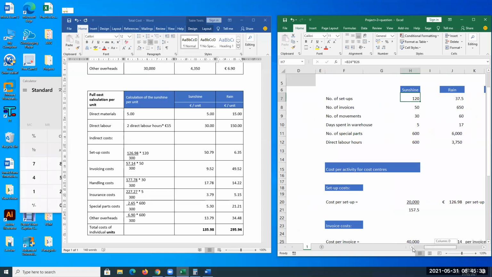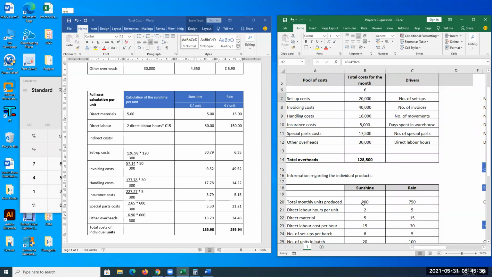How many units are we producing? 300. So what you can do, just do it like this. We need to multiply these two, divide by 300. Same with the others. We need to multiply these two, divide by the number of units.